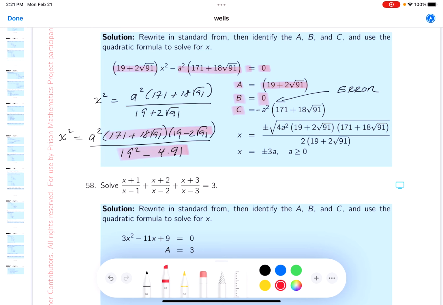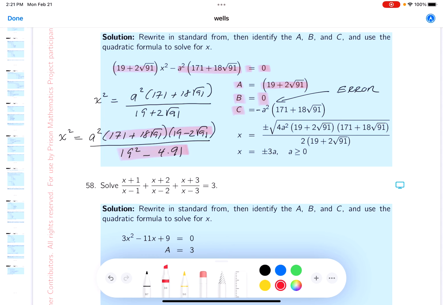And then I'm going to divide it by the quantity 19 squared minus 4 times 91. And give me 1 second. And I get 9. All right, let's write that down.